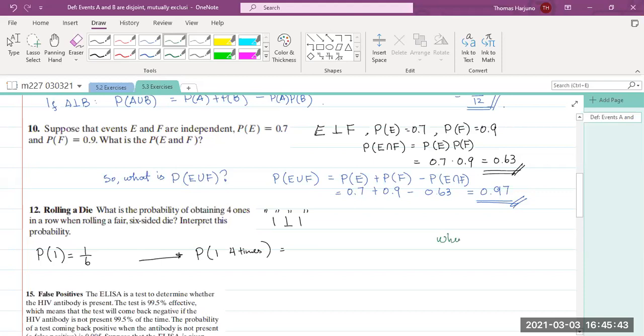When we select cards, or it doesn't have to be cards, maybe marbles, maybe markers, maybe balls, okay, any items, if we allow replacement, we do the selection with replacement.